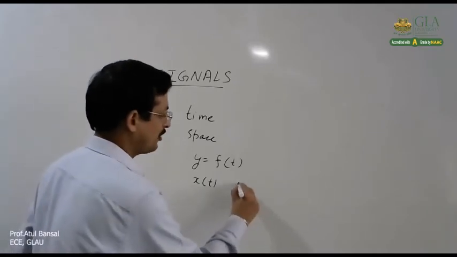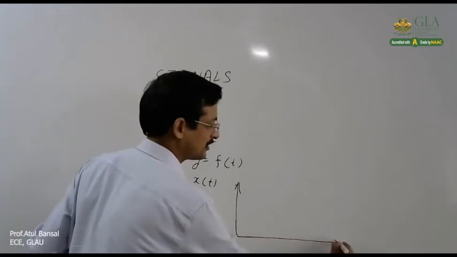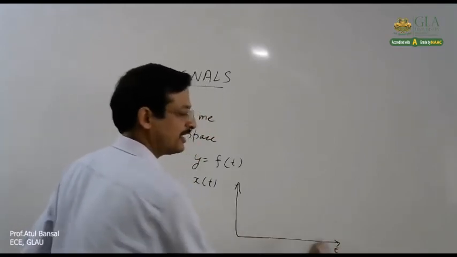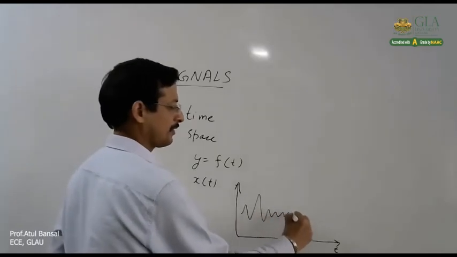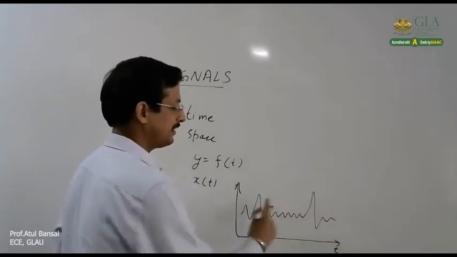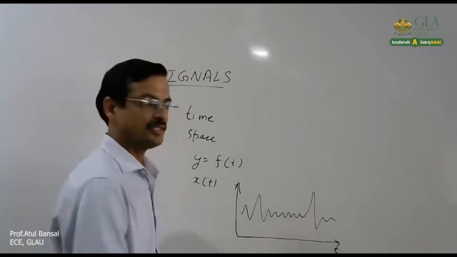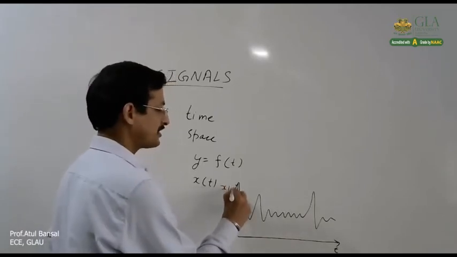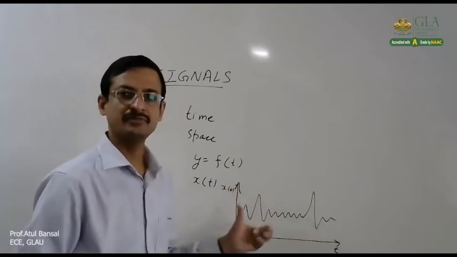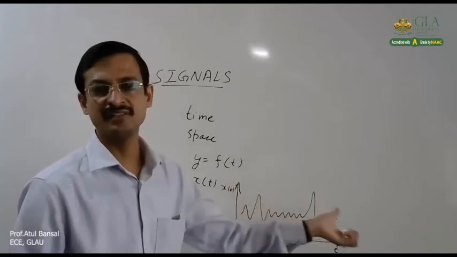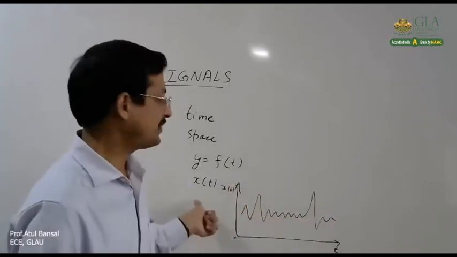So if we look at the speech signal graphically, it will look like this. It might have certain high peaks and certain low peaks, indicating where I am emphasizing more and where I am emphasizing less. Accordingly, the amplitude of the speech is changing. So this is a speech signal.